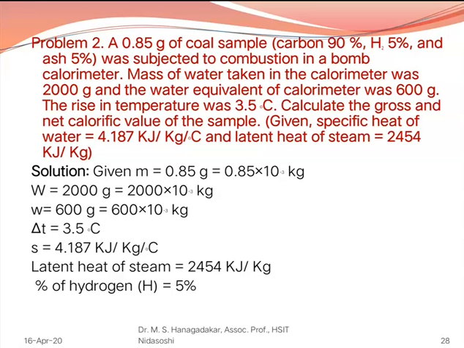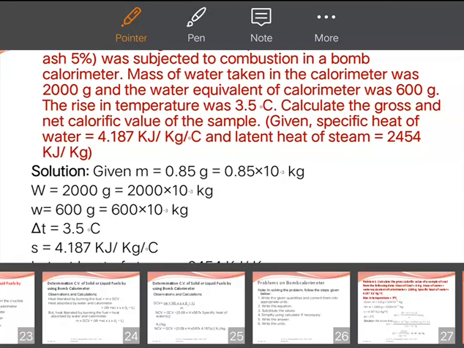Mass of water taken in the copper calorimeter was 2000 gram and the water equivalent of calorimeter was 600 gram. The rise in temperature was 3.5 degrees Celsius. Calculate the gross calorific value and net calorific value of the sample. Given values are specific heat of water is equal to 4.187 kilojoules per kg per degree Celsius. Then latent heat of steam is equal to 2454 kilojoules per kg.